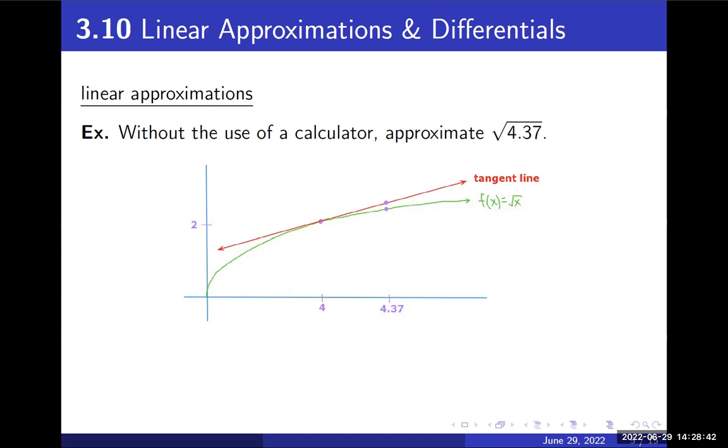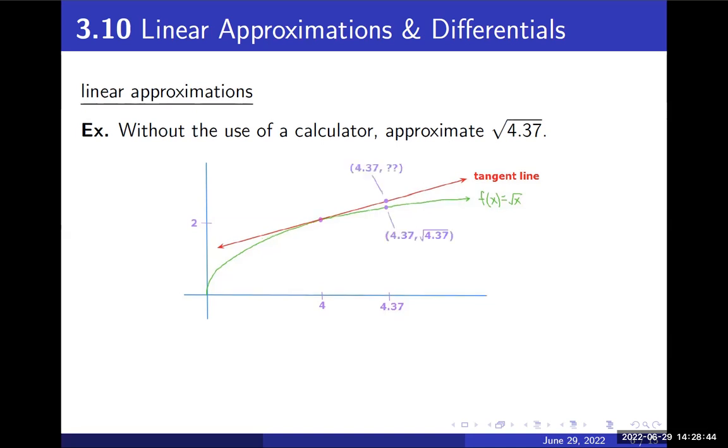Let me go one step further, just really to highlight that last point. The point on the green line is (4.37, the square root of 4.37). That y value is the actual value. But we're not going to find that. Instead, we're going to find the y value that occurs on the tangent line.